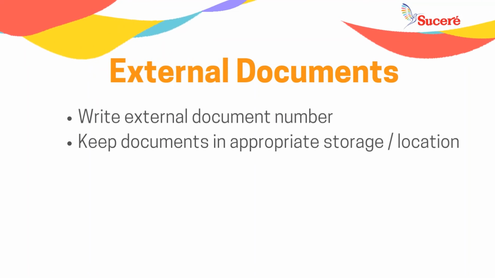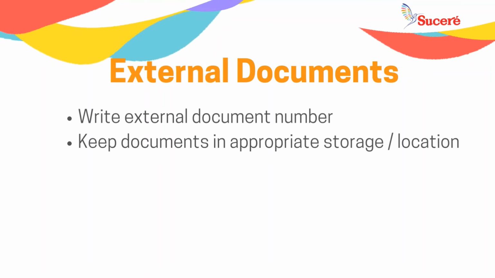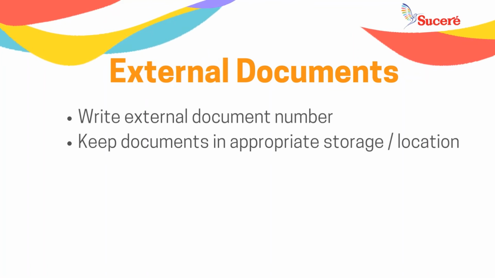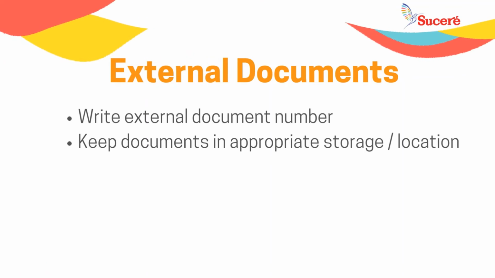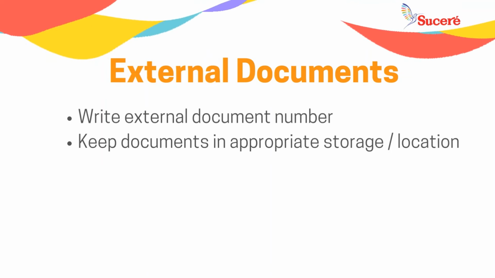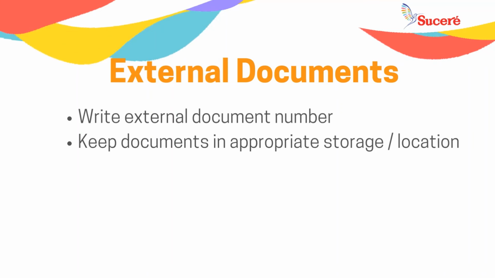A control number will also be given and written on the manual, for example, on the document, and then the documents will be kept in an appropriate storage as located in the master list of external documents.